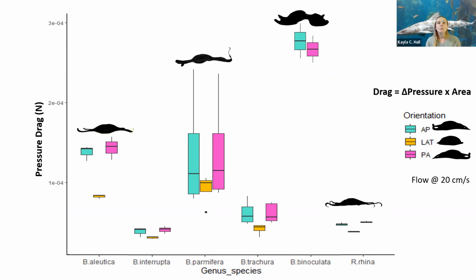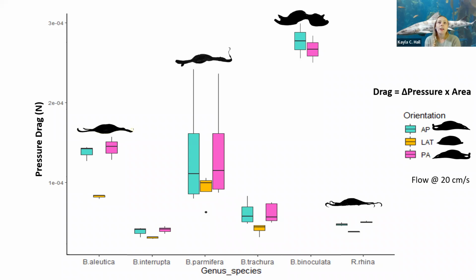So we found the same trends in pressure drag as we did when computing our theoretical drag. You can see here that the bigger shaped species, even when scaled to the median value, still exhibit a higher drag. And this is more so based on shape than, again, size. And this is indicating that the morphological variables are strong predictors of not only the drag each species experiences, but also the optimal flow that they might be found in.